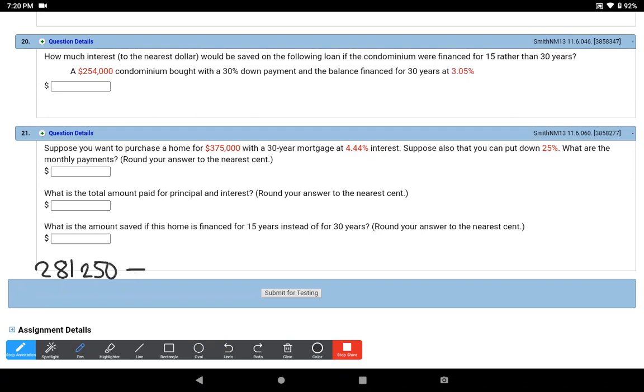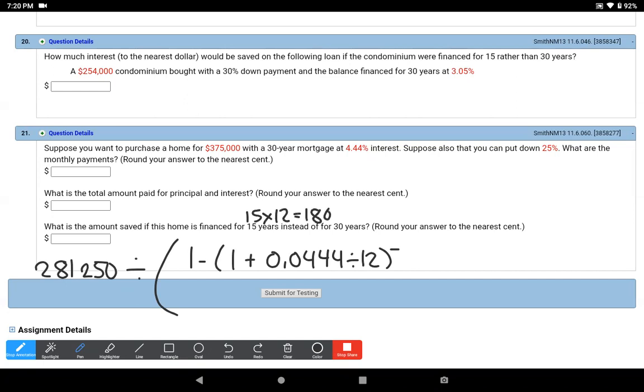281,250. Right, then we're going to divide by 1 minus 1 plus 0.0444 divided by 12 raised to the, instead of 360 payments, we're going to have 15 times 12, which is 180. Right, otherwise everything else is the same.